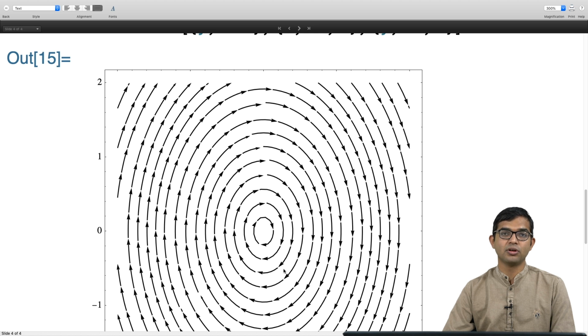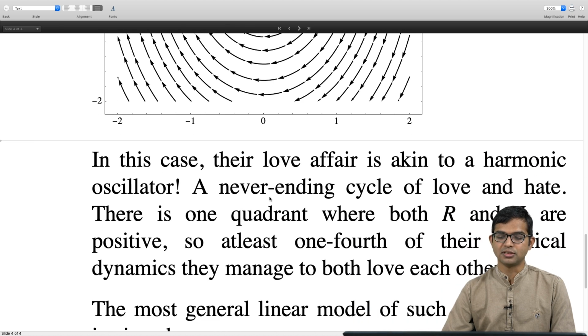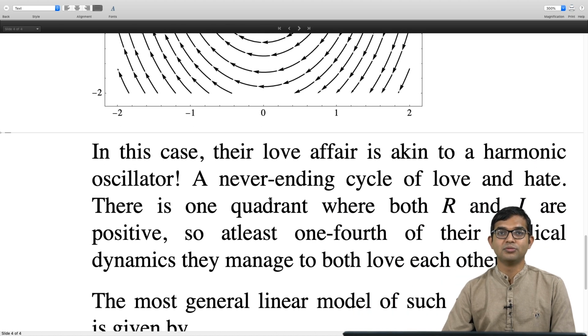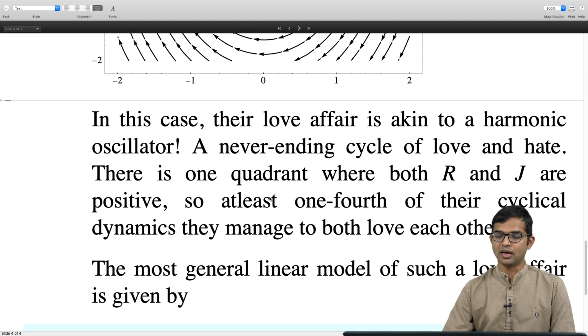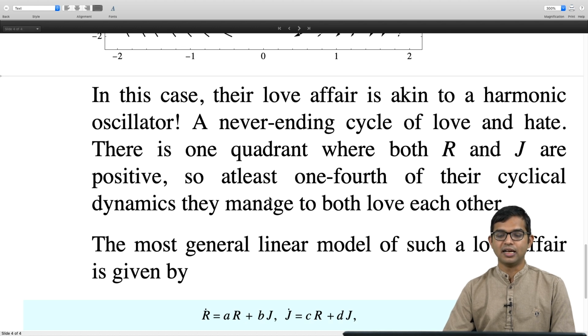So one of them is going behind the other, but the other is unhappy, is running away. And then there is a third quadrant where both of them are basically running away from each other. So it's a quarter successful relationship, but at least a quarter of the time there is mutual harmony and love, and it's a cyclical dynamics all the time.